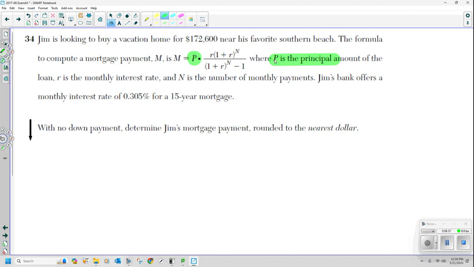The mortgage payment is your M. R is the monthly interest rate, so that's going to be in 3 spots. And N is the number of monthly payments. So we now have data for each variable here.